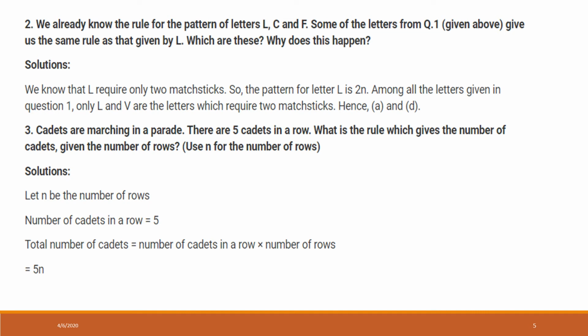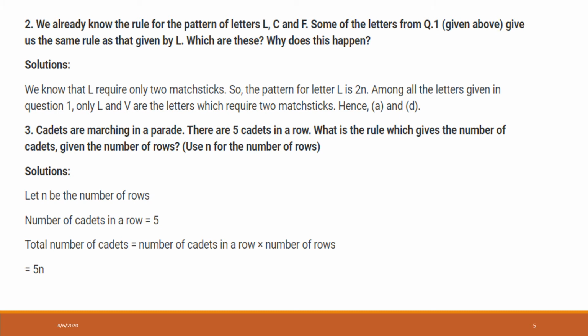Question number 2, it says we already know the rule for the pattern of letter L and C and F. Some of the letters from question number 1 given above give us the same rule as that given by L. Which are these, and why does this happen?